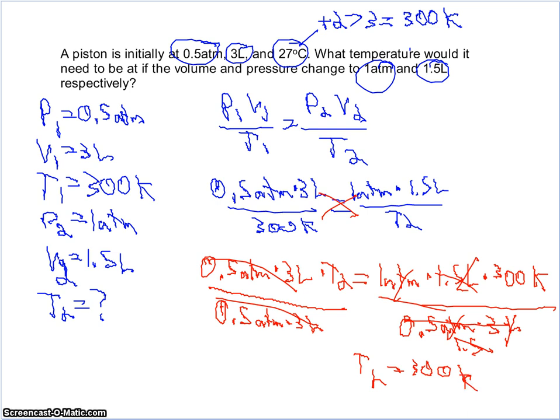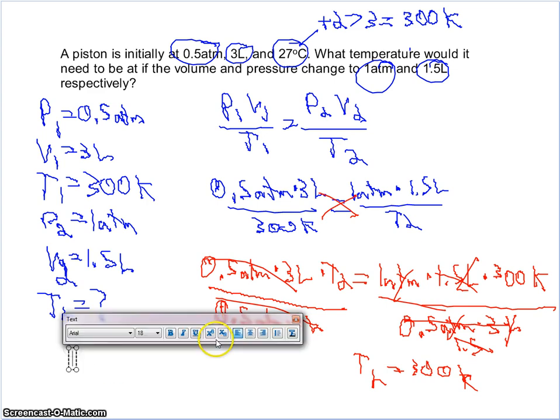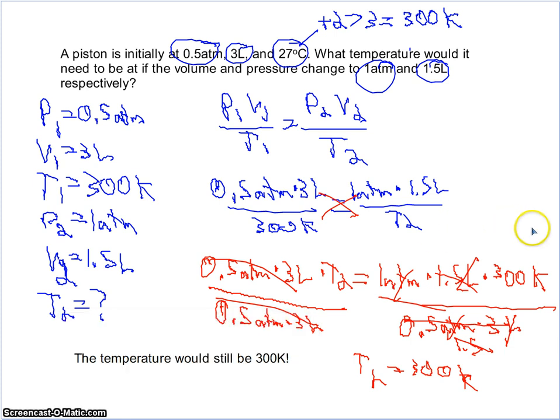So basically, the temperature didn't change at all. Oh my gosh. Okay, so we can say the temperature would still be 300 Kelvin. Gotta capitalize that. Wow. I feel like we just did a whole bunch of work for so little reward.